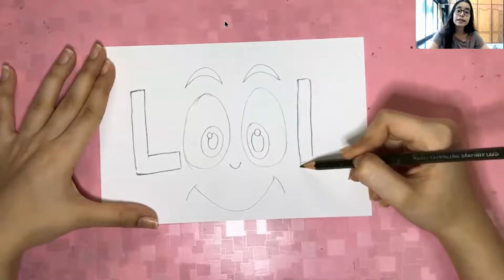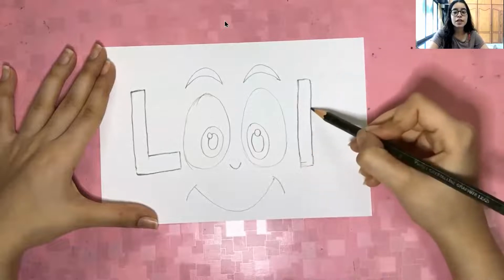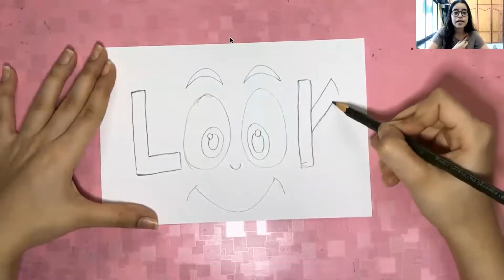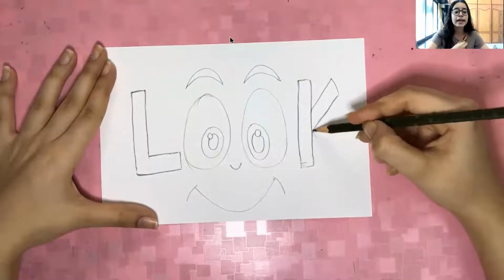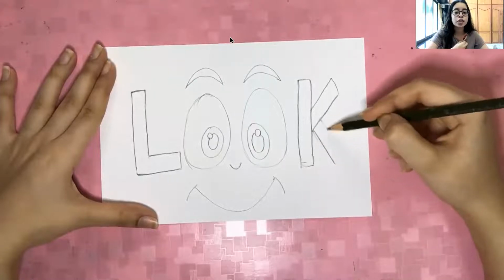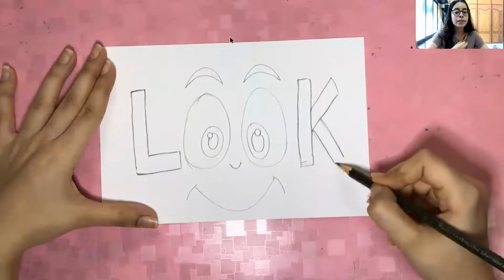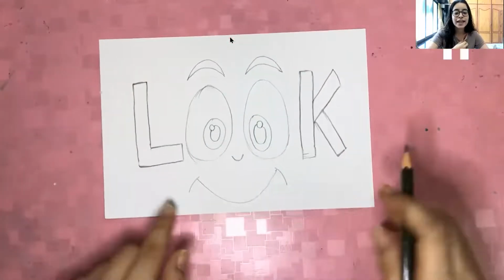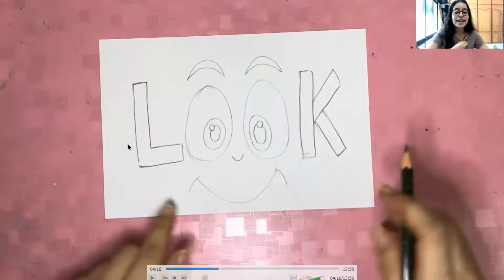write the alphabet K. Okay, so that's K that I've written over here. That's alphabet K just next to the second I. Awesome. So what does this look like to you now? Doesn't it look like the word look already?